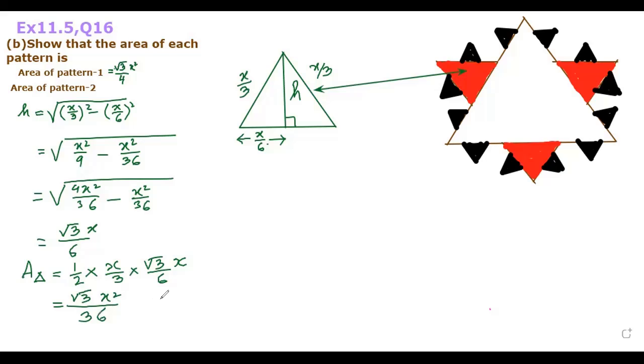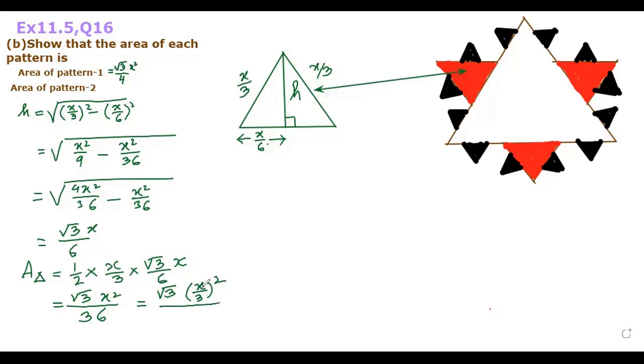But one thing that we have to show is this as a multiple of pattern 1, which is root 3 x square upon 4. And we have to show that the length used here is 1/3 of the white triangle. So if I write here x, this will be x square, but x has been used here 1/3 of the x, so x upon 3.